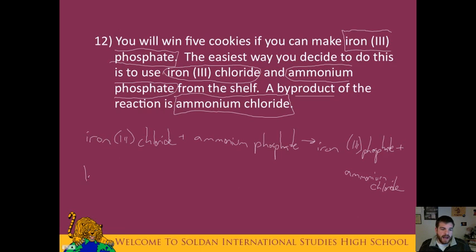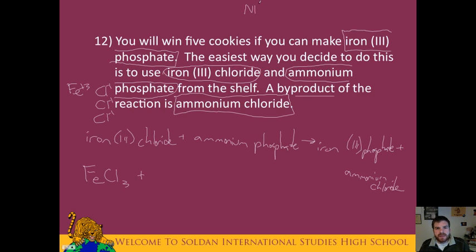Iron 3 chloride, iron is Fe, chlorine is Cl. Let's polish it now. The charge of iron is +3, and the charge of chlorine is -1. So we're going to need 3 of these chlorines to have an overall 0 charge, so it's FeCl3. Plus ammonium phosphate.